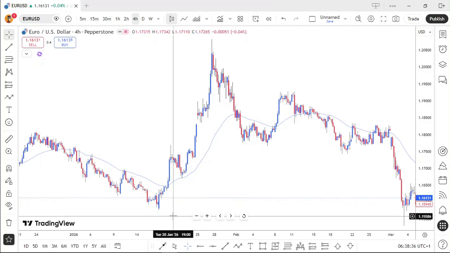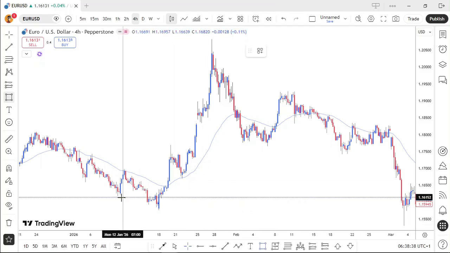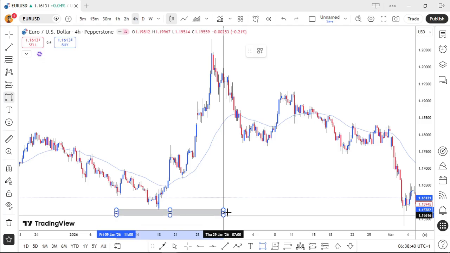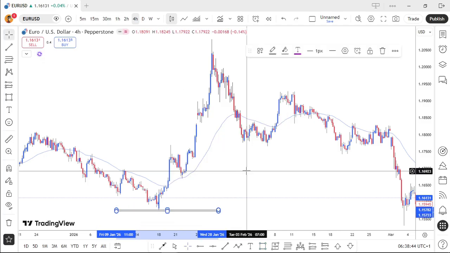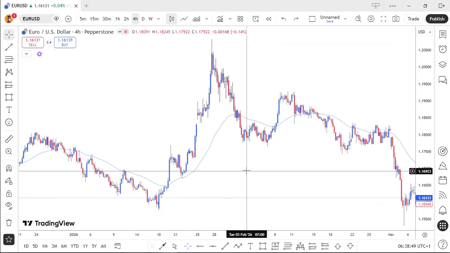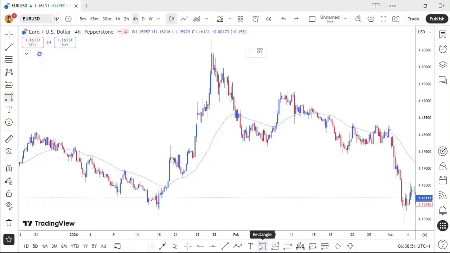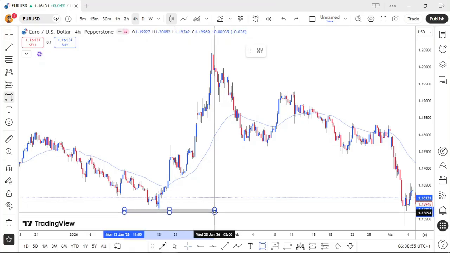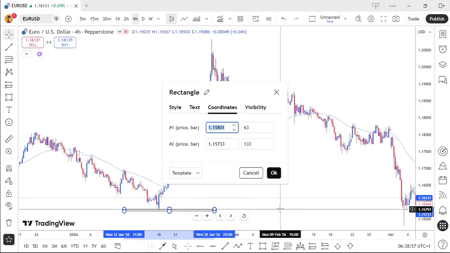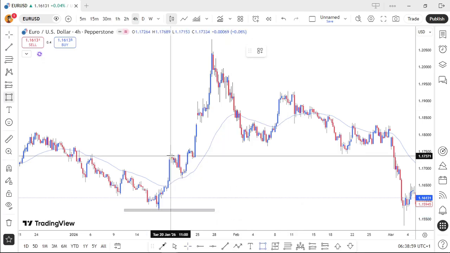So in this case, this is our swing low. And here is our swing high.